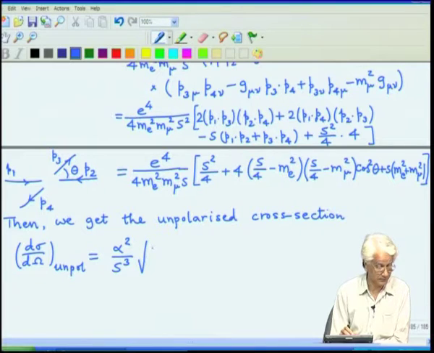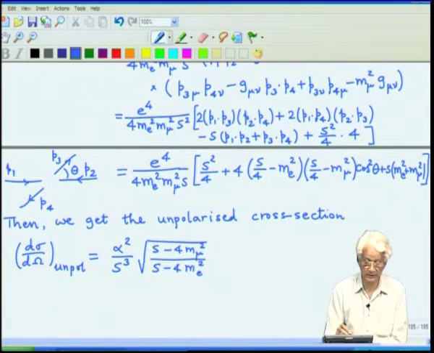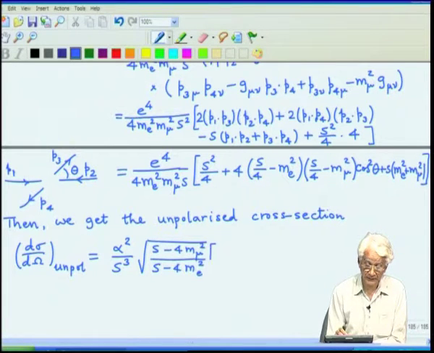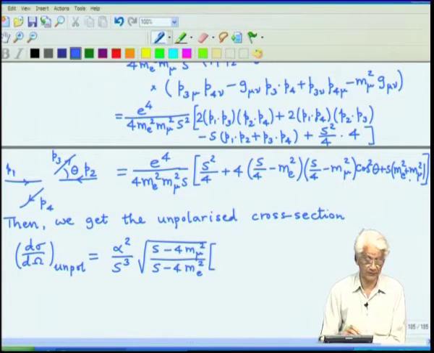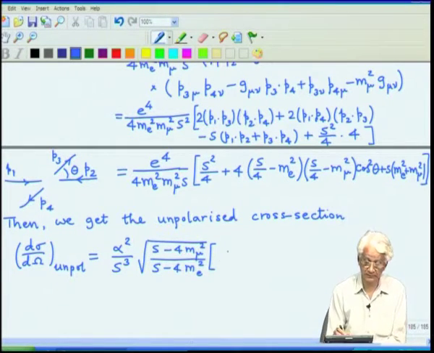Then there is a proportionality constant involving the momenta of the muon and the electron, and that can be written in a form which involves the energy and the masses, and this is a ratio of the muon momentum to the electron momentum. And then there is this overall factor which we calculated above. It can be written in a little different form, but it is the same thing.